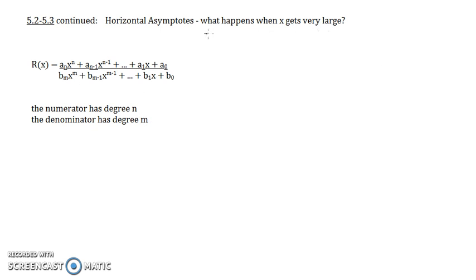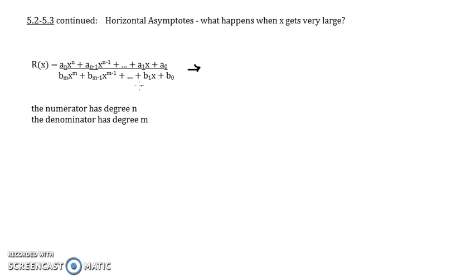Now, what happens when x gets very large? Well, we saw this with polynomials. Remember we said, ignore the bottom, just look at the top. When x starts to get very, very large, these other terms don't matter as much, and the polynomial starts looking like this first one, a_n x^n.